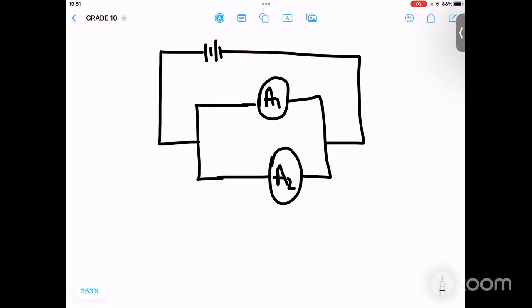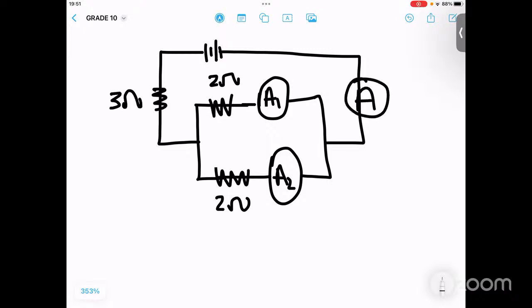So now you have A1 and A2. Okay, let's see, here we had A3. And then let's say the reading on A3, they say it is 3 amperes.